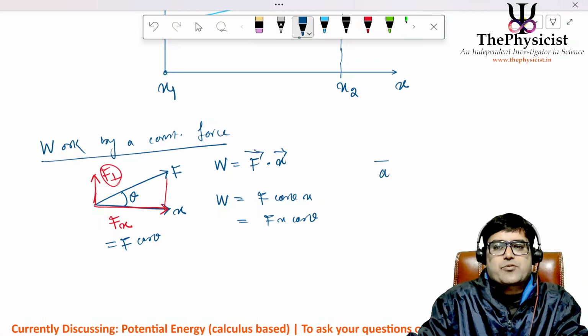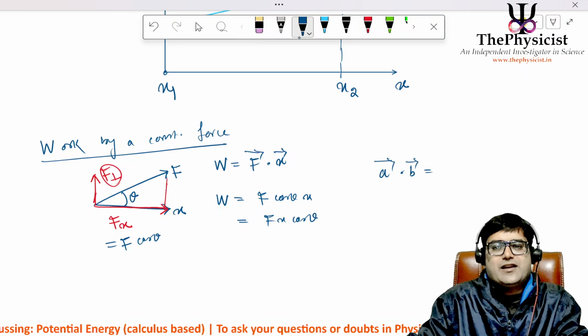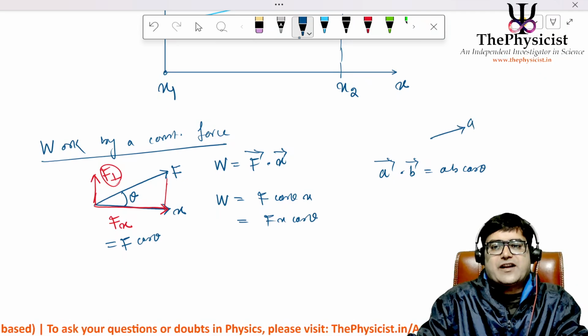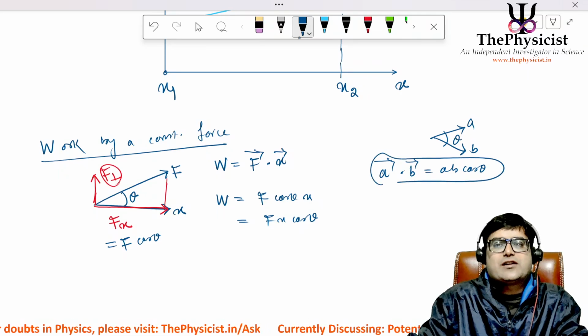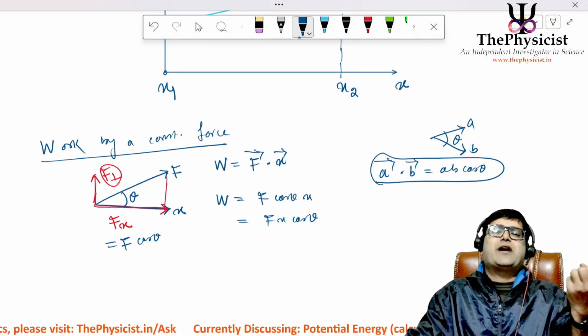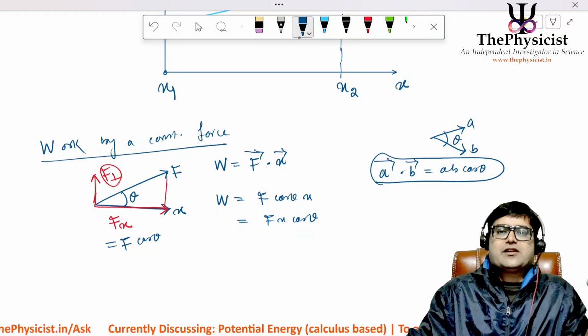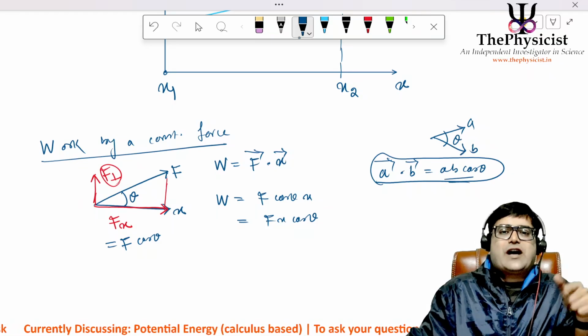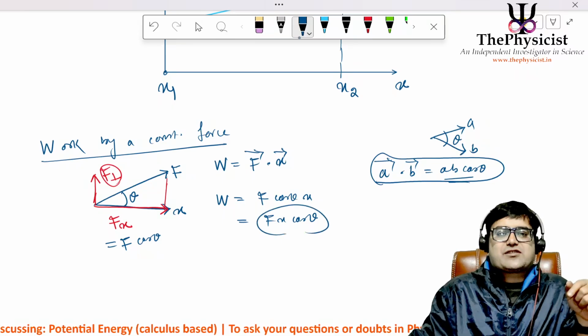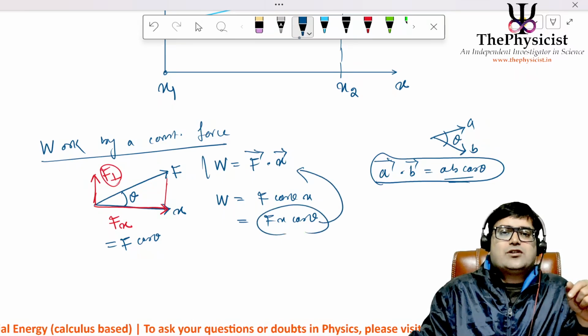And you know the dot product of two vectors A dot B is AB cos theta. Imagine there is a vector A and a vector B and the angle between them is theta, then the dot product, which essentially means the combined scaling effect of the vectors, is AB cos theta. So I can use the same thing here and turn this back into this formula.